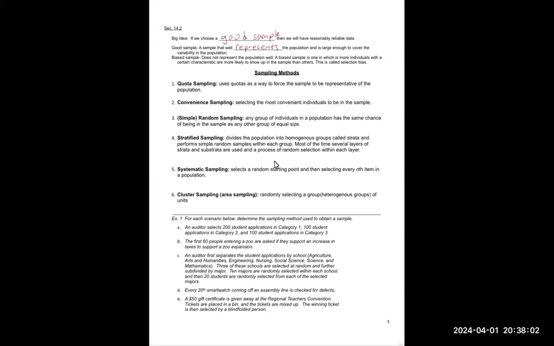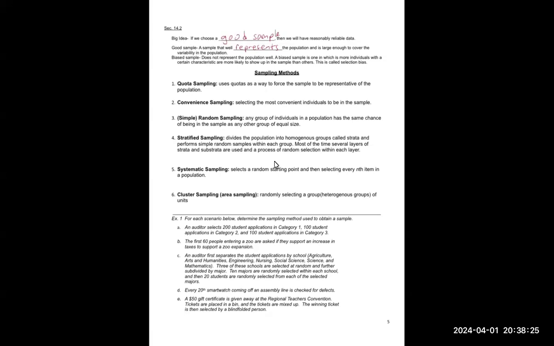Here's an even better example of stratified sampling. Let's say the president wants to go out to lunch and has a decision to make, and he wants the views of Republicans, independents, and Democrats.